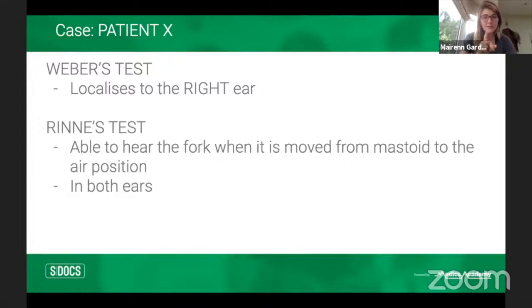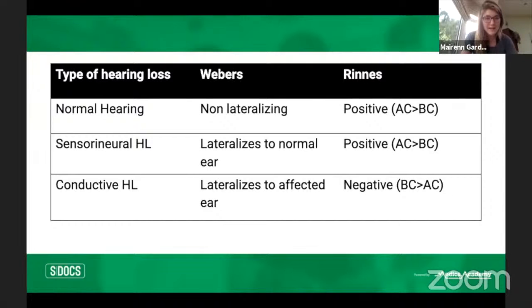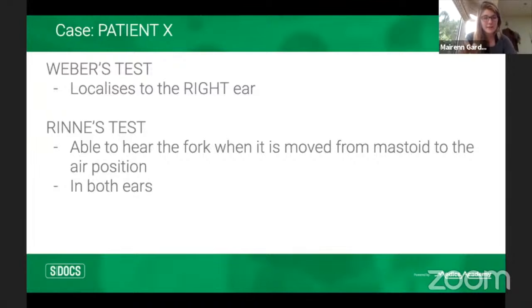Because it localizes to the right ear, as I showed in this table, in sensory neural hearing loss, it lateralizes to the normal ear. This means that the ear that you hear it loudest in will be normal. So it's therefore left sensory neural hearing loss, the problem is within the left ear.